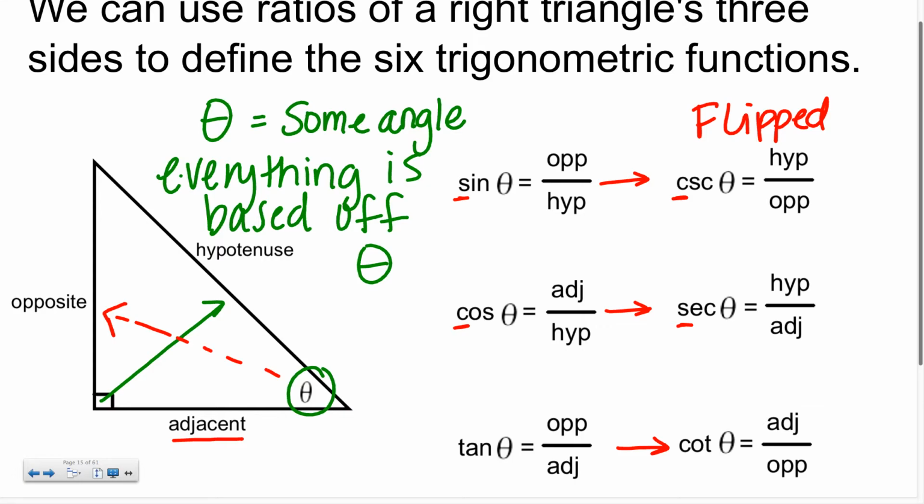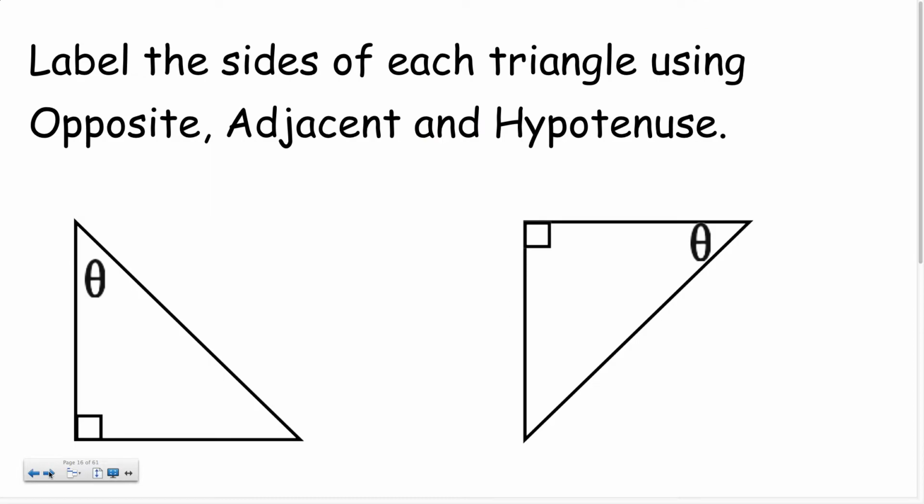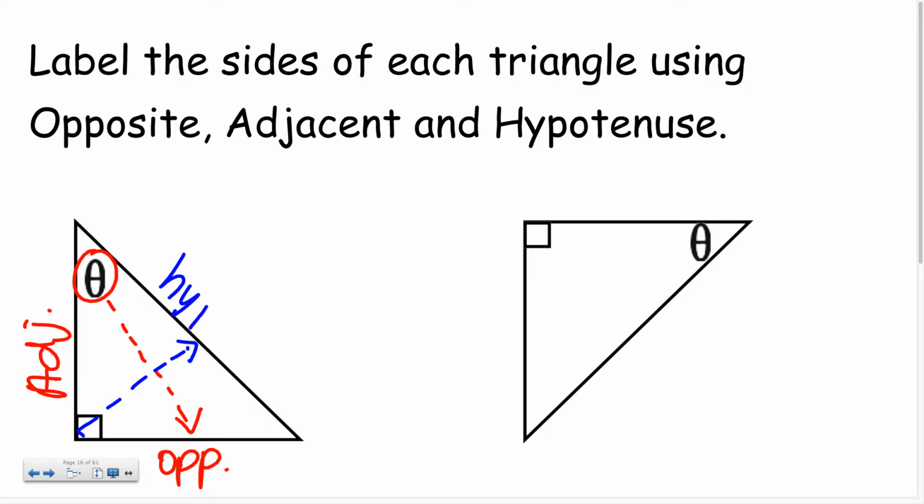So, top of page 8. So we're going to just label using opposite, adjacent, and hypotenuse. So here's theta here. So its opposite would be here, meaning this has to be its adjacent, and the hypotenuse is always right across from that right angle. That one's a given.